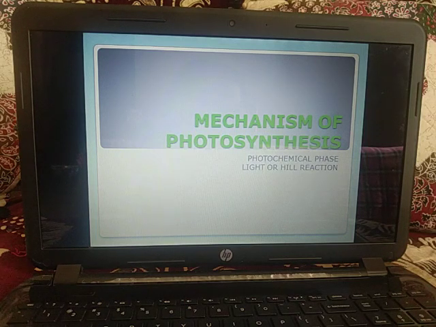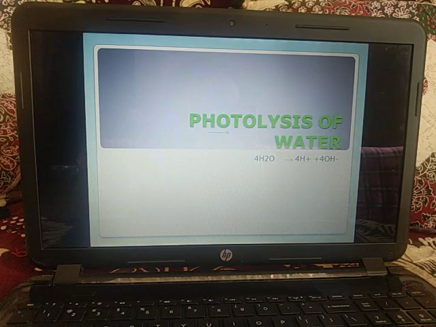Now the photochemical phase involves some phases, like photolysis of water. Photolysis of water, the phenomenon of breaking of water into hydrogen and oxygen in the illuminated chloroplast, is called photolysis or photocatalytic splitting of the water.